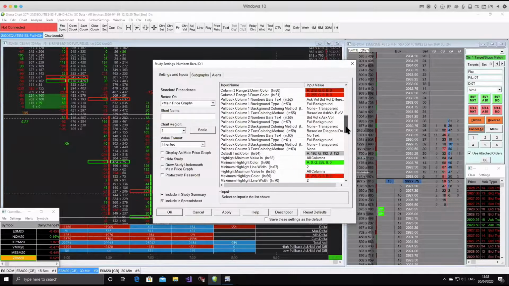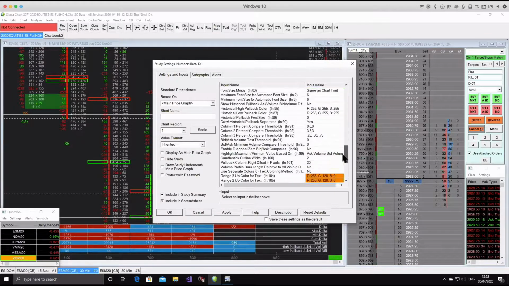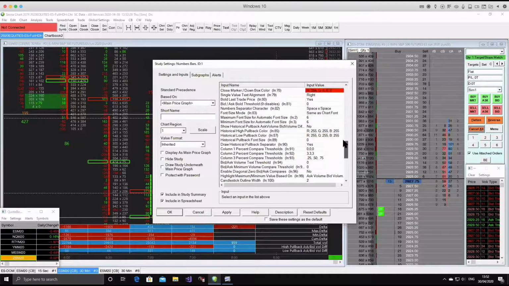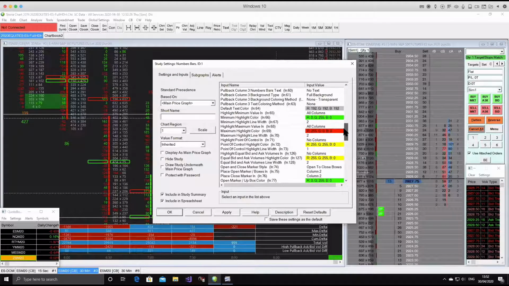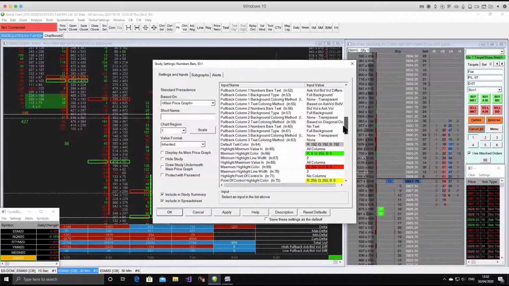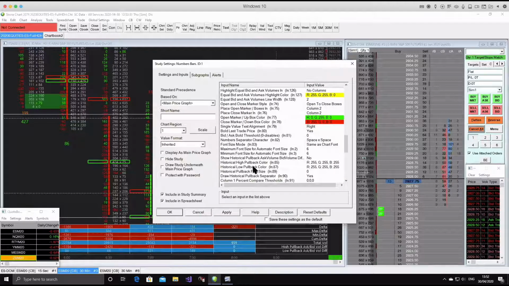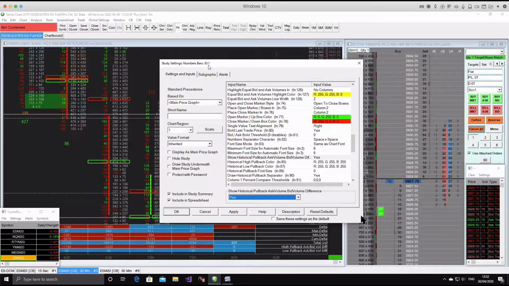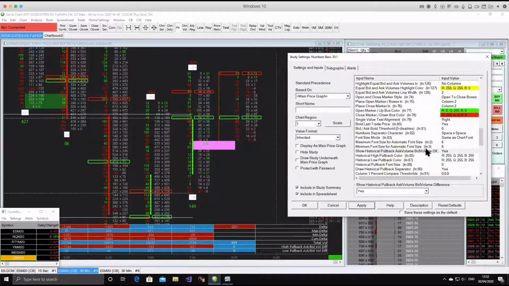And there's a setting, let's just find it. Here we go: show historical pullback, ask volume, bid volume difference. And that's where you set the colors and the font size. Now, if I say yes, then that's the numbers bars pulling it in directly.